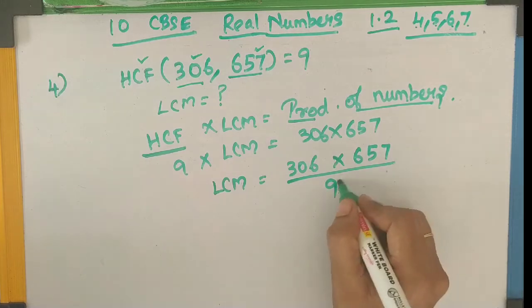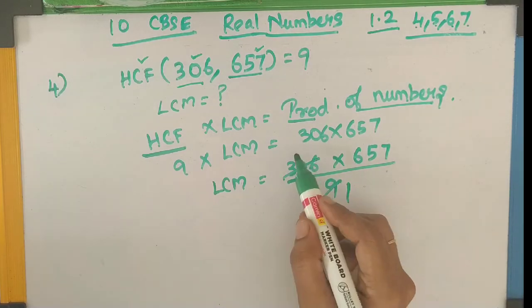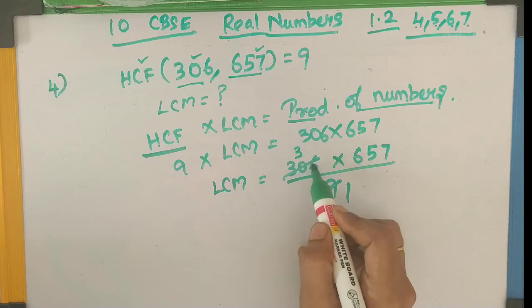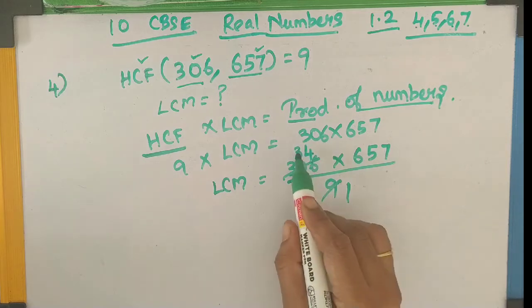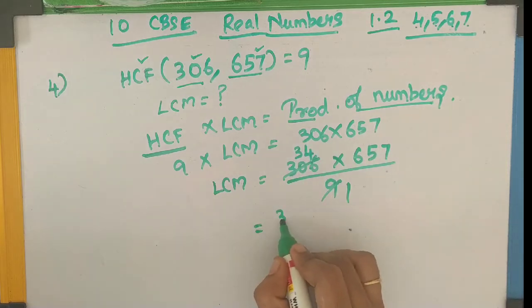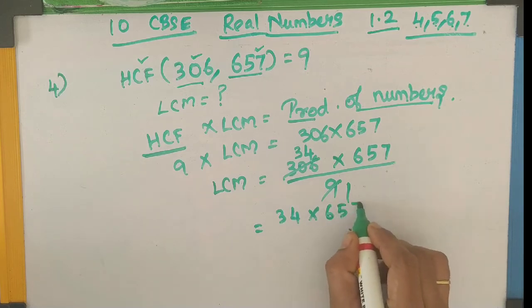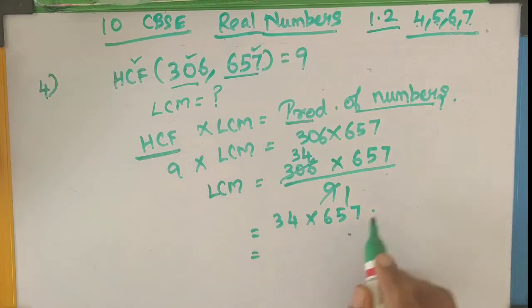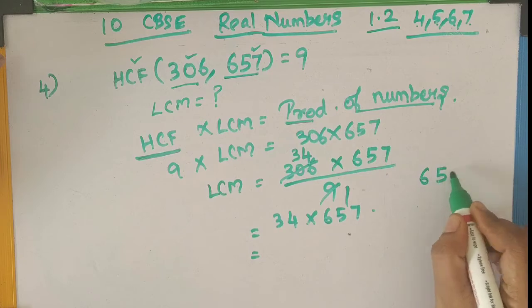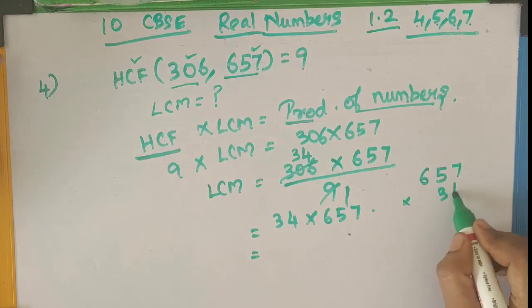Now, we divide 306 by 9. 306 is equal to 34 times 9. Now, we multiply 34 and 657. That product, 34 into 657, is your LCM.